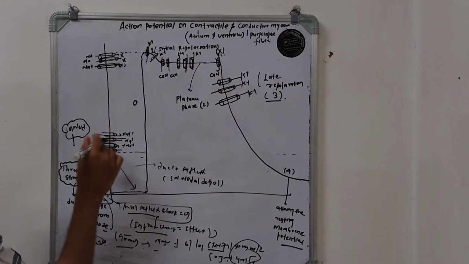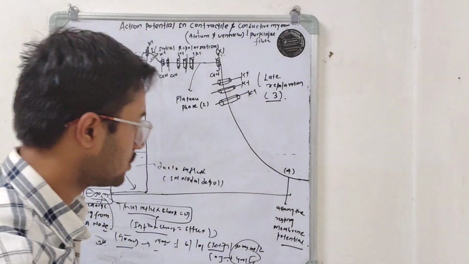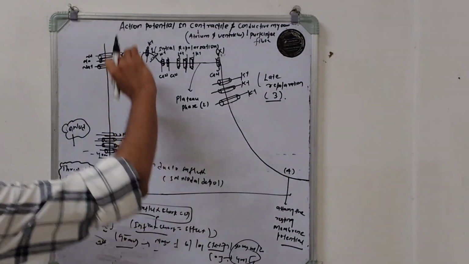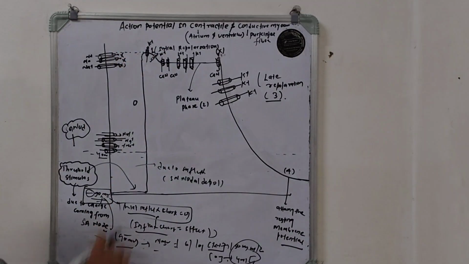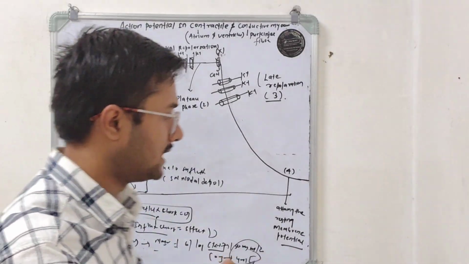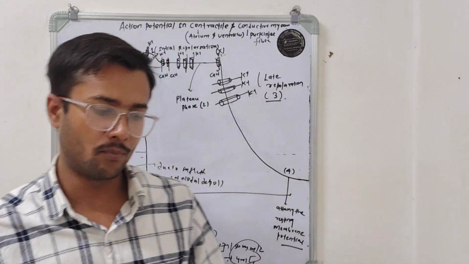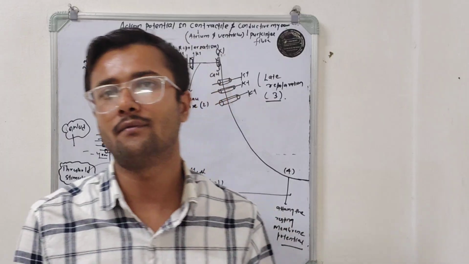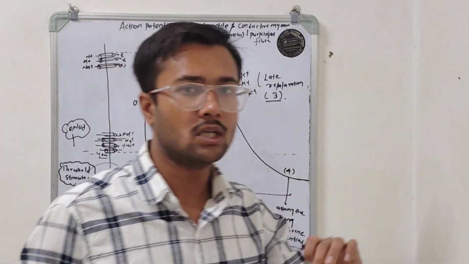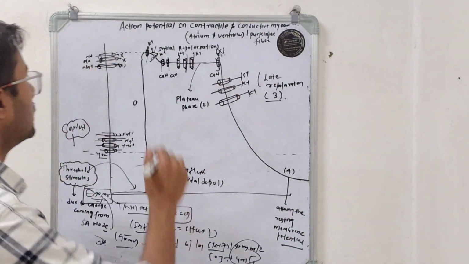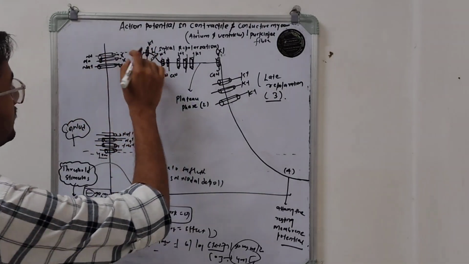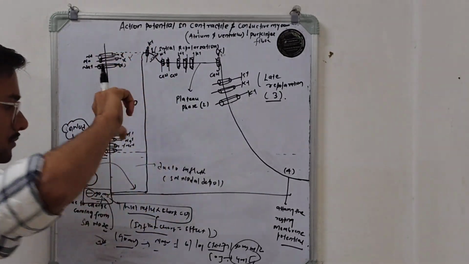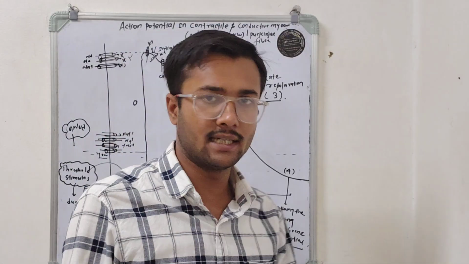After reaching a maximum value, these voltage gated sodium channels are open for a fixed interval of time. Let's suppose they are open for 10 milliseconds. So after 10 milliseconds, whatever potential is achieved, the voltage gated sodium channels get closed.